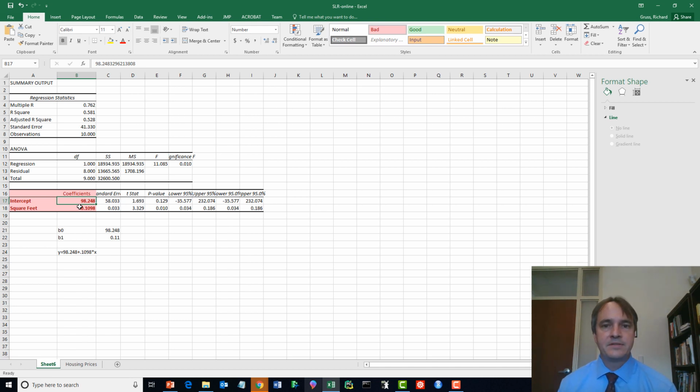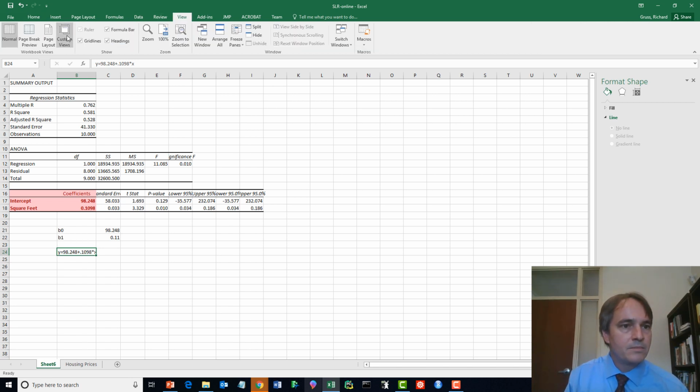Now remember that this is in thousands, so that would tell us that when x is 0, that is when square feet is 0, the cost of the house is $98,000.